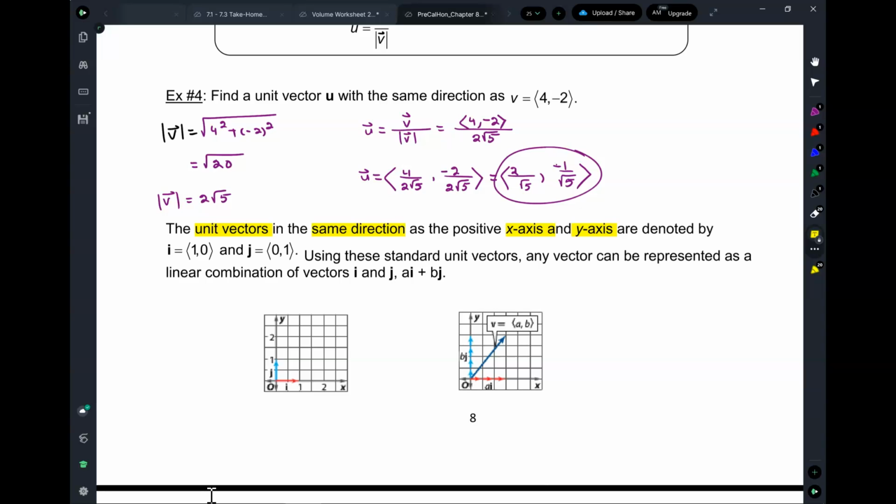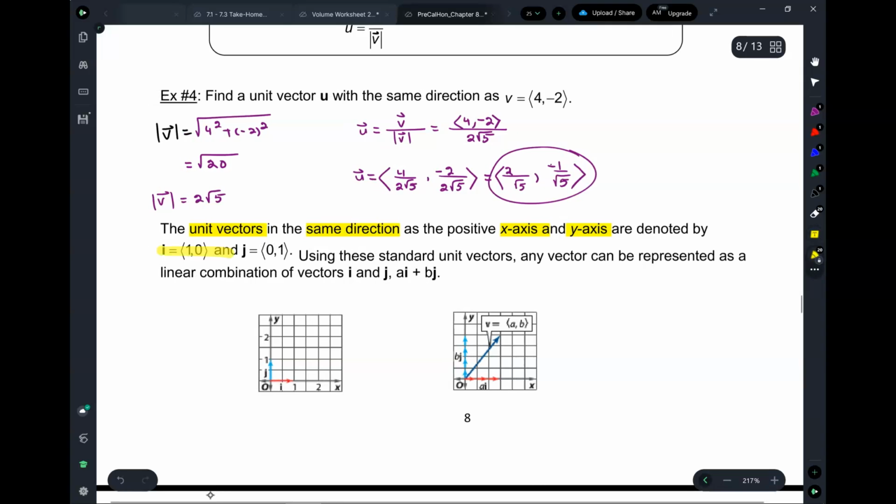You can have a unit vector pointing in any direction, but those two special vectors that point in the positive x direction and the positive y direction, those are the two VIP unit vectors, and they have their own symbol.